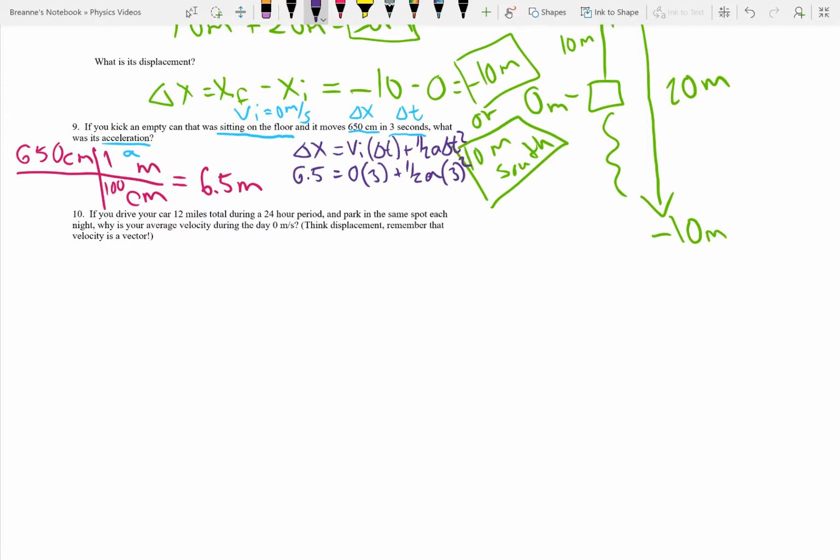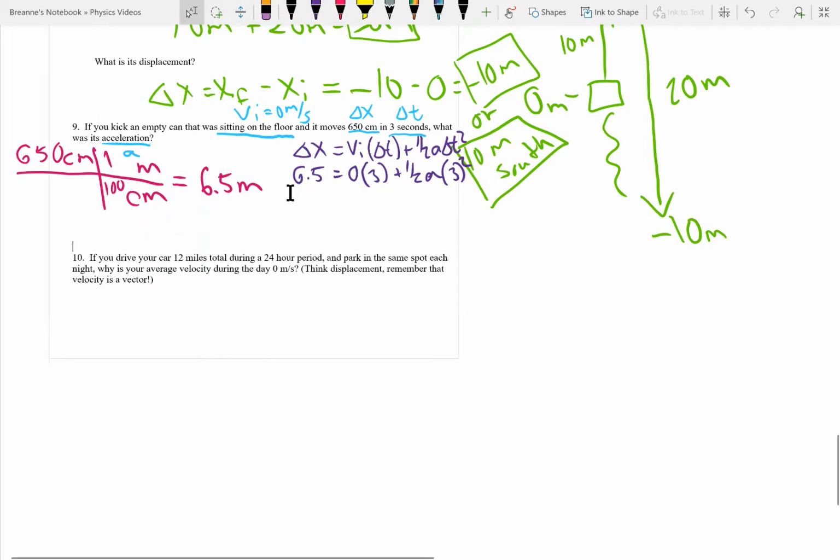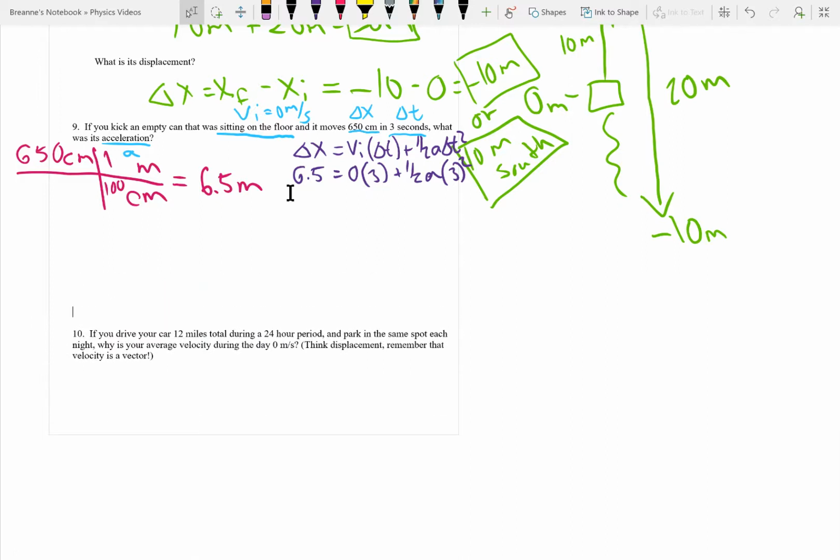So, let's put this down a little bit so I have a little bit more room. So that just goes to 0, so we have 1.5 equals 1/2 a, you square your 3, so 3 times 3 is 9. Now remember, when you're multiplying, you can move these around.